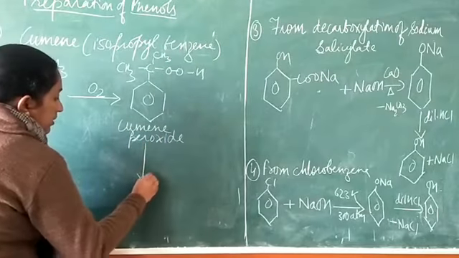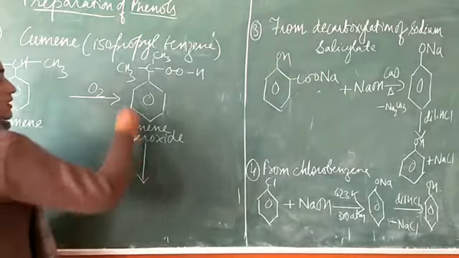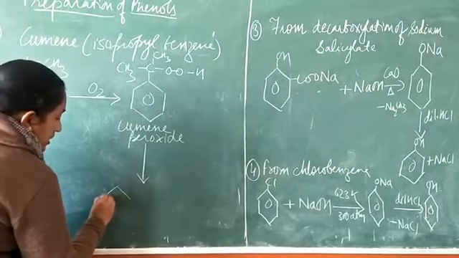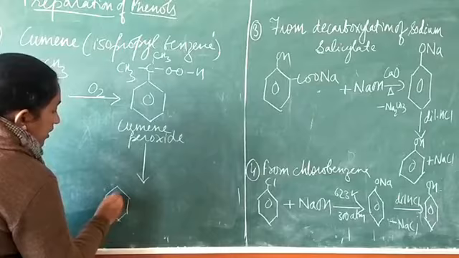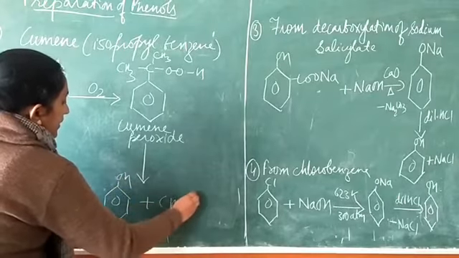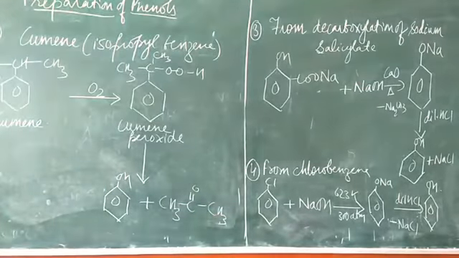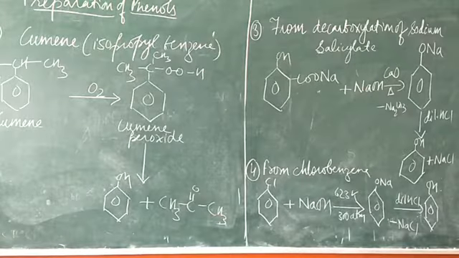Now this cumene peroxide gets decomposed to phenol and acetone. Right? So cumene peroxide will give us phenol and acetone. This is one of the preparations of the phenol.